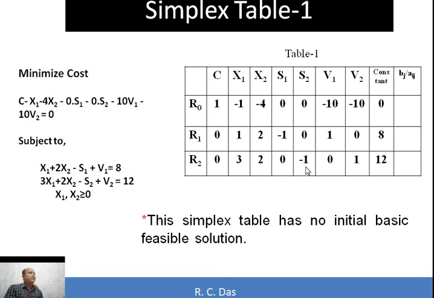Constraint 2 has no v1, so that is 0. The coefficient of v2 is 1, and the constant is 12. So this is the first table where we have put all the coefficients of this minimization problem. Well, this simplex table has no initial basic feasible solution.